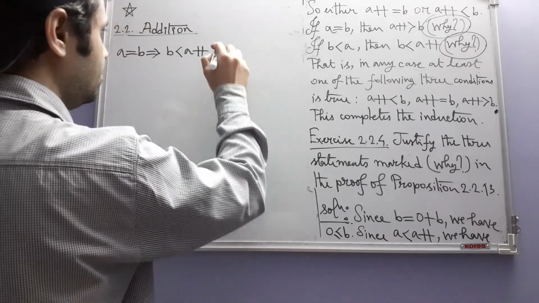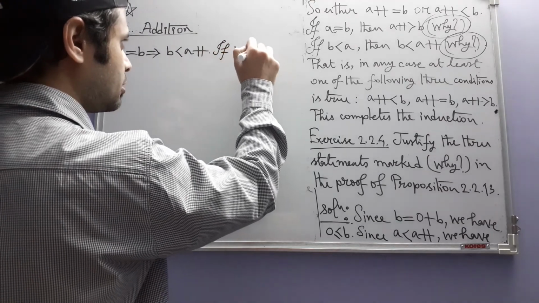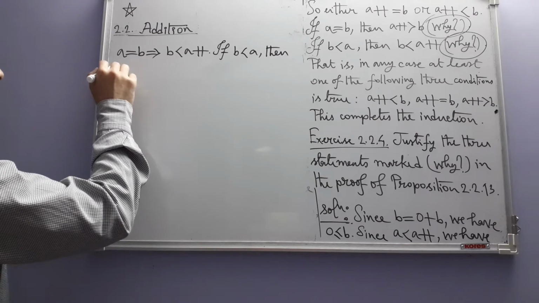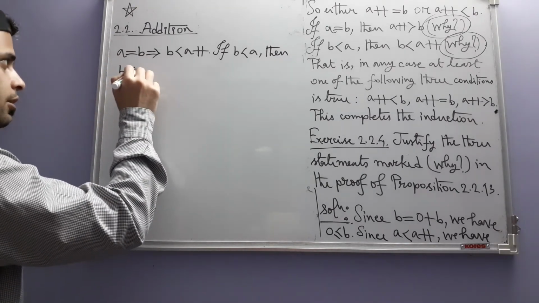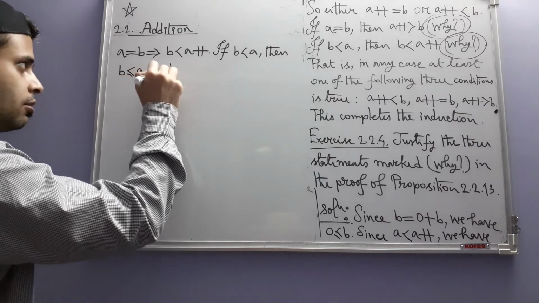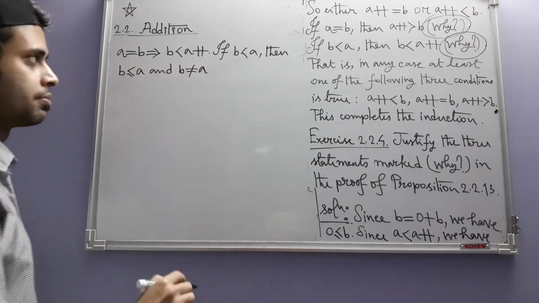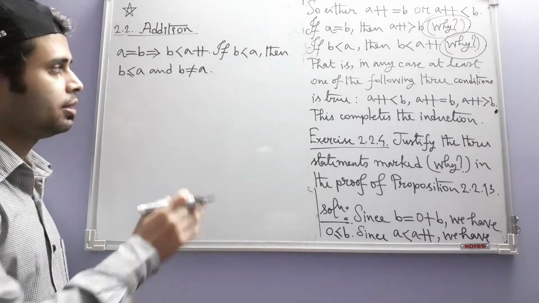This is also easy. If b is less than a, then b is less than or equal to a and b is not equal to a. Okay, this is the meaning of b being strictly less than a.